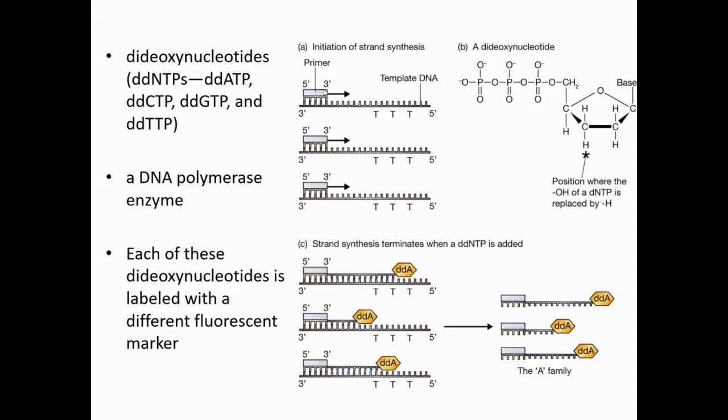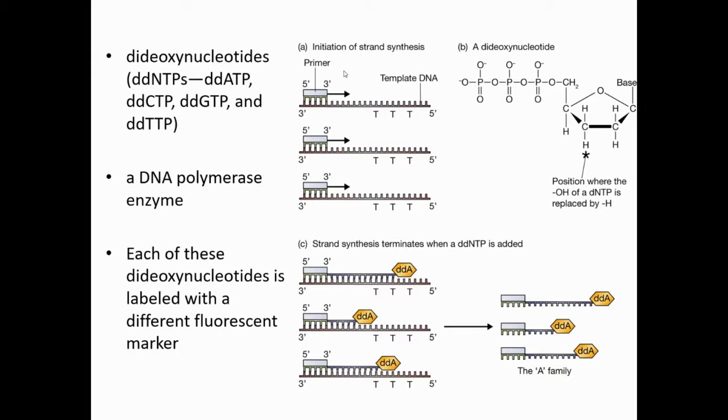So you have thousands, millions of copies of the primer and the template in the reaction tube. Then you mix these together in the presence of DNA polymerase and four different types of dNTP. So you have dATP, dCTP, dGTP, and dTTP.